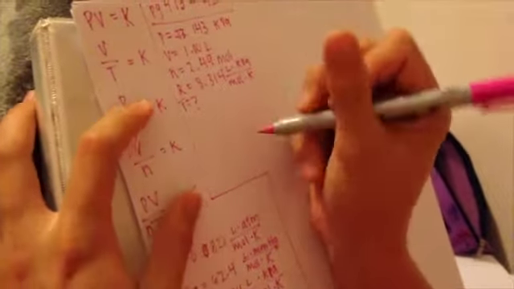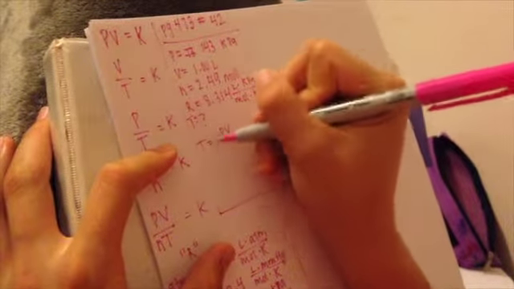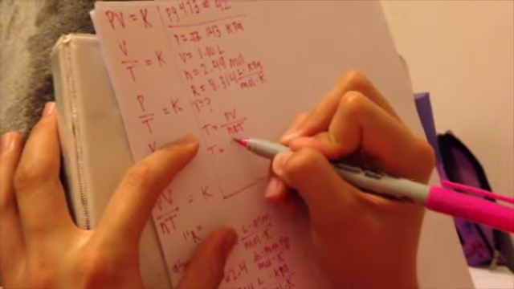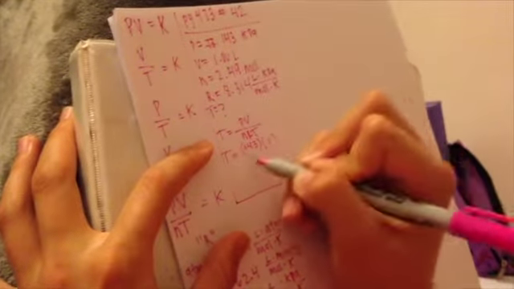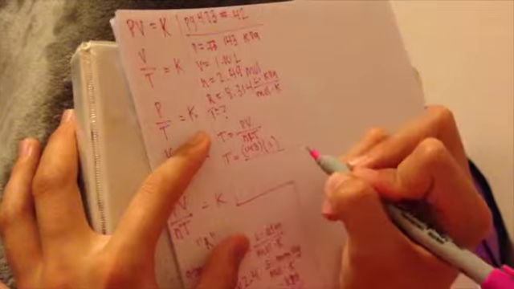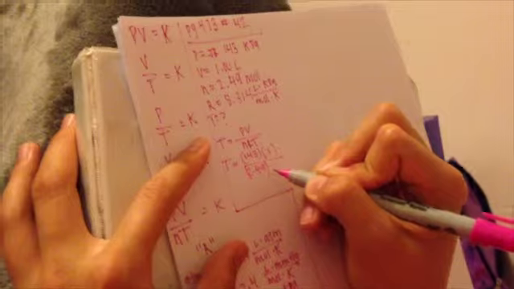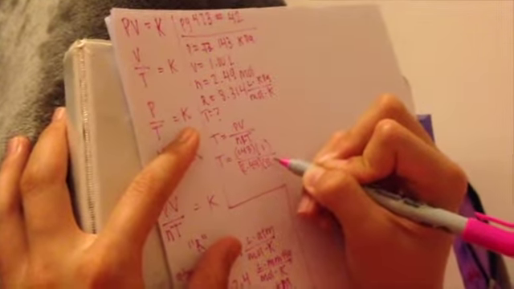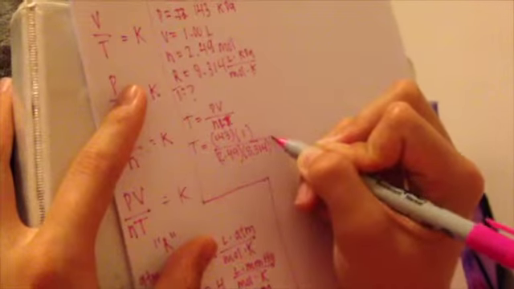Okay. So we plug it in. Since we're solving for T, the equation is T equals PV over nR. So T equals 143 times 1 over, where's N? Oh, 2.49 times R, which is 8.314. We don't need a T there because we're trying to solve for that.